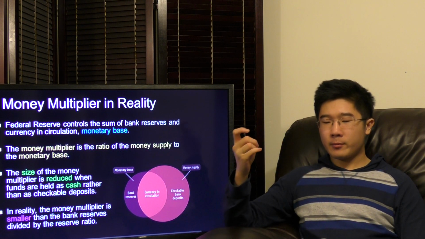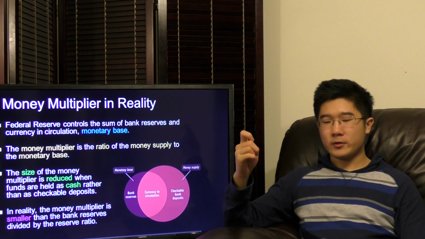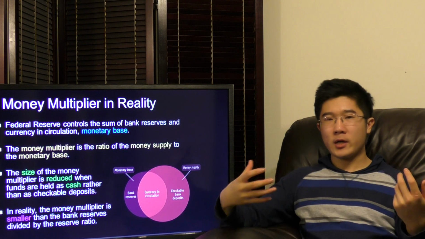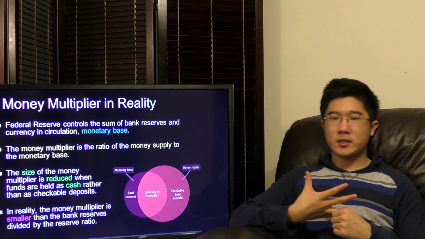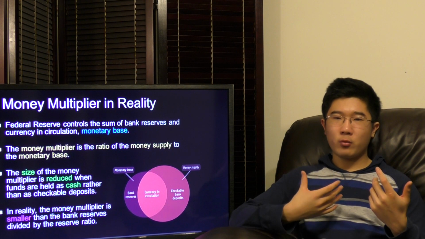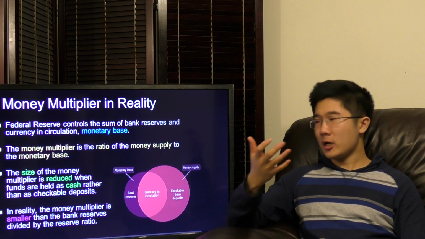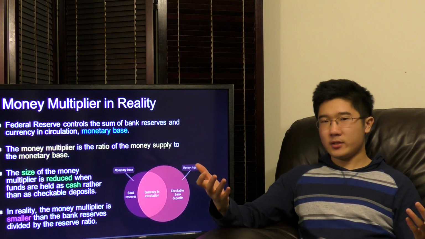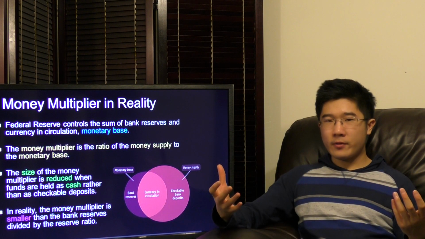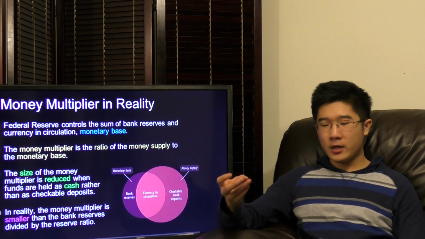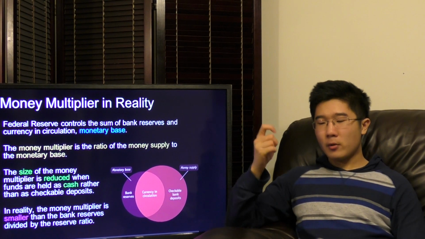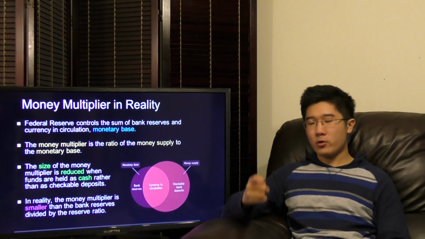So in reality, the money multiplier is smaller than what it is theoretically, because not all money is going back to the bank. A lot of money is kept as cash in consumer pockets and nothing is done with it. As a result, it's kind of not even in the system anymore, even though it's technically counted. So the money multiplier is smaller than one over the reserve ratio.